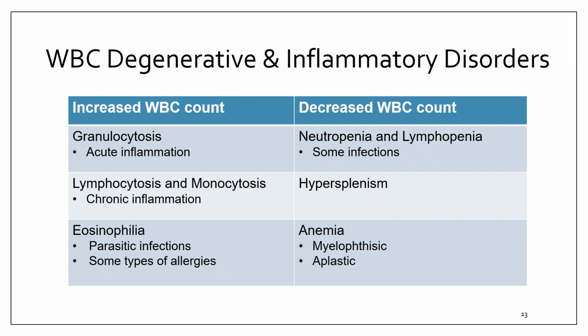Then there's lymphocytosis and monocytosis. These are more commonly associated with chronic inflammation, viral infections, and long-standing immune stimulation. Lymphocytosis is often linked to viral infections and some chronic immune responses. So smear findings may include increased small lymphocytes and reactive atypical lymphocytes with abundant cytoplasm.